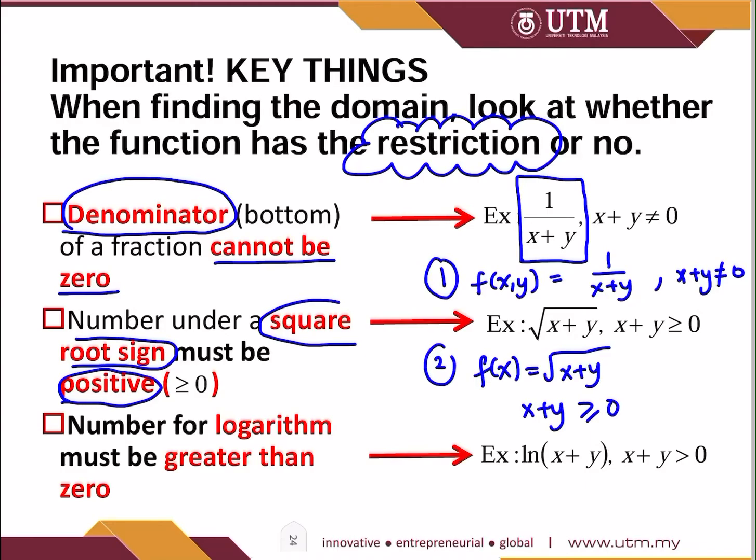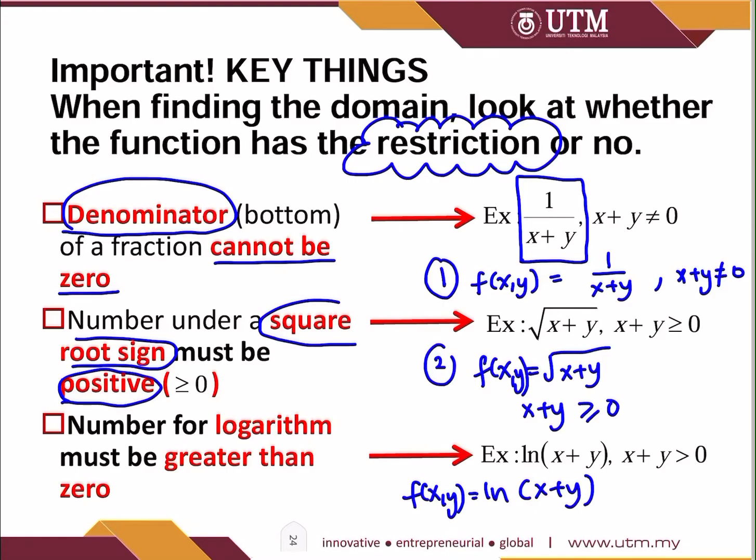The third one, let's say we have a function in terms of ln. Here also f(x, y), there was a typo because we deal with two variables.